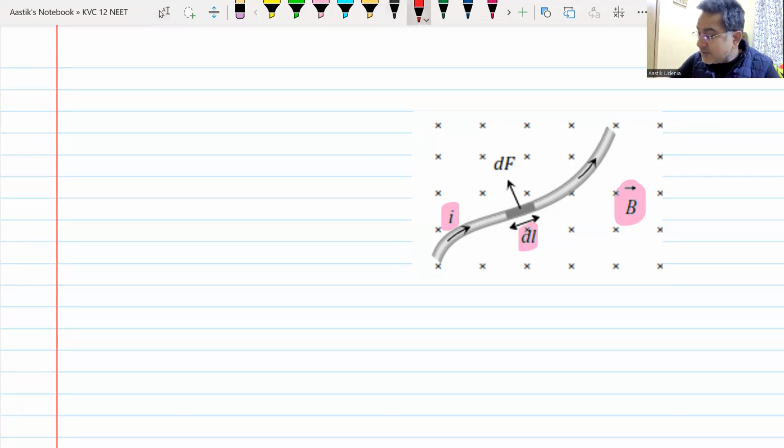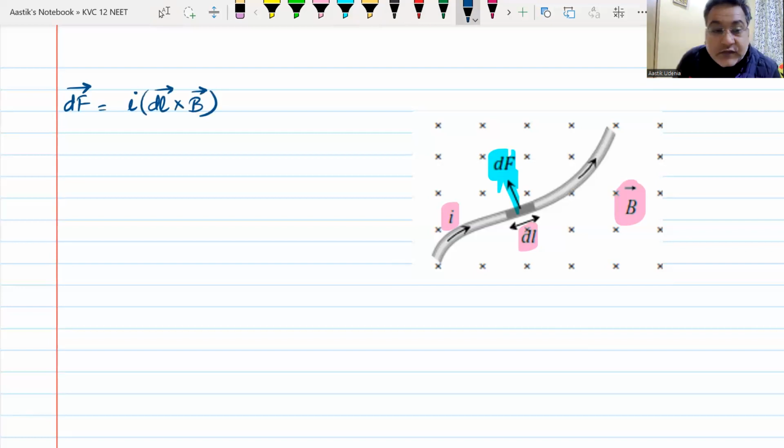How much force does it experience? The small force dF that it experiences, if you write the vector equation, will be given by I dl cross B. This is the small force that this wire experiences.